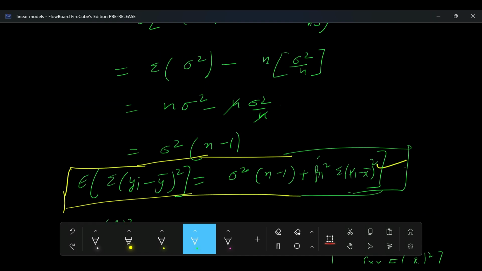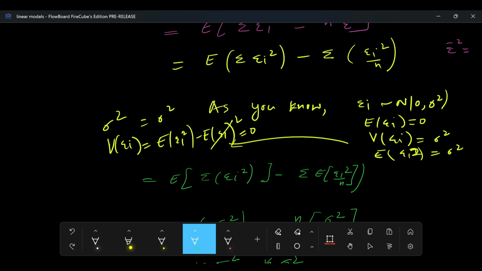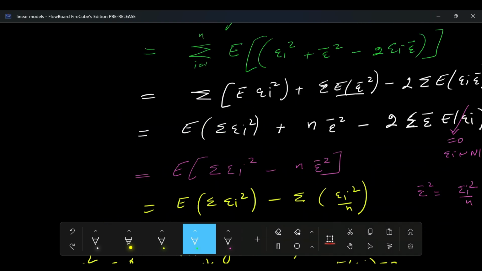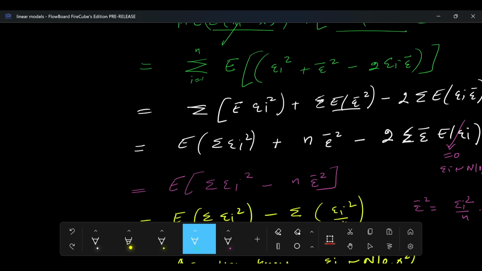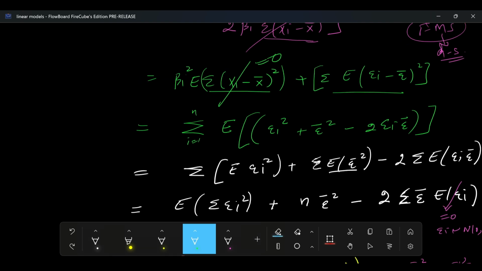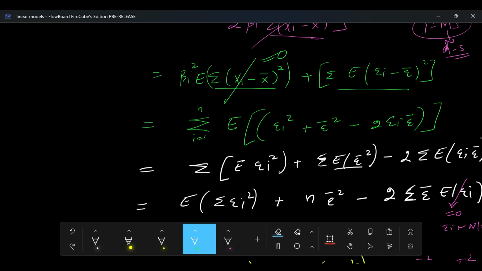Here we have the term beta1 square expectation of summation. This is not equal to 0. I'm sorry for that, but mean deviation about mean is equal to 0. This is not 0.